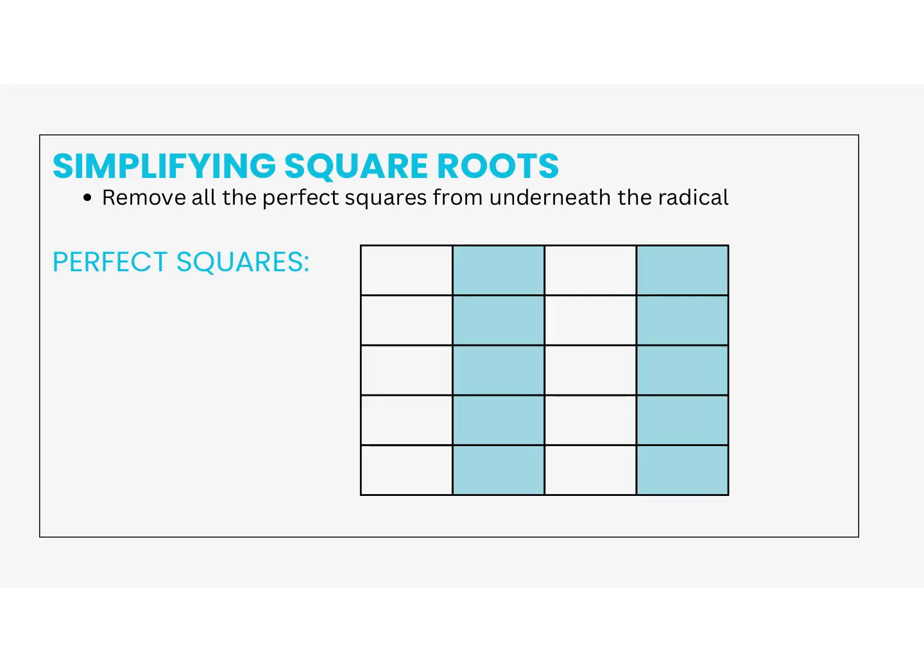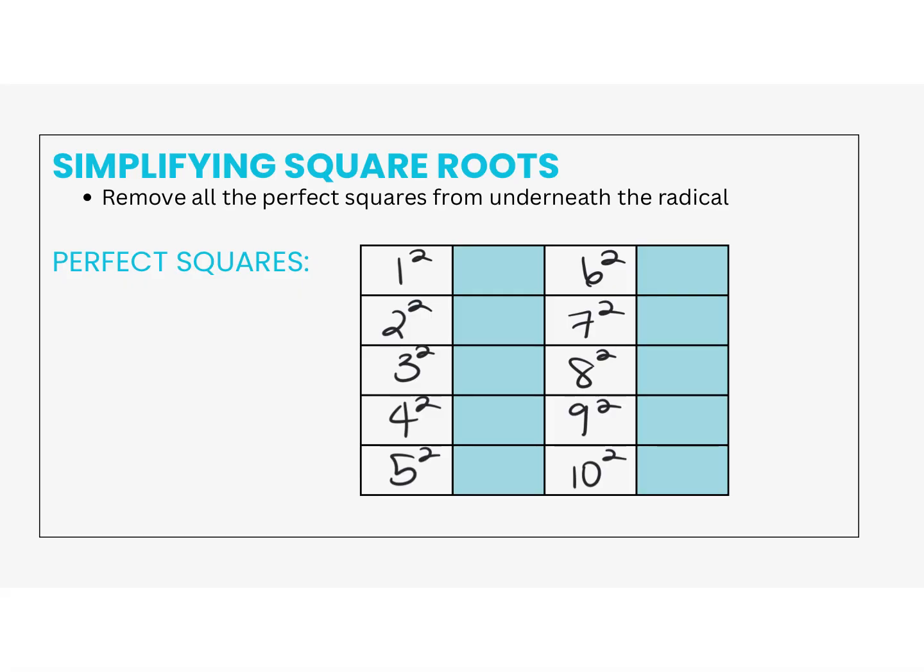So before we do that, I want to just review what these perfect squares are. So 1 squared, 2 squared, 3 squared, 4 squared, 5 squared, all the way through 10. And I would suggest having these somewhere nearby so that you can reference them, because you will want to know what these numbers are.